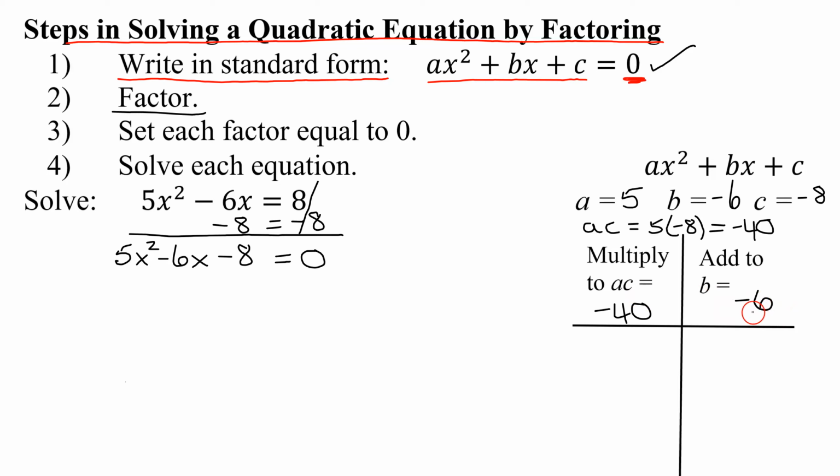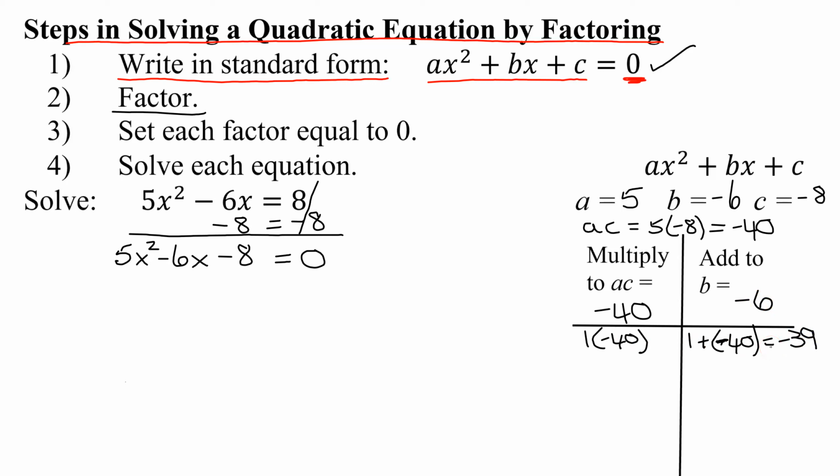And since they add to a negative, the one with the bigger absolute value has to be the negative one. So I'm going to start with 1 and negative 40. Those multiply to negative 40, but what do they add to? 1 plus negative 40 is negative 39. Not the number I'm looking for.